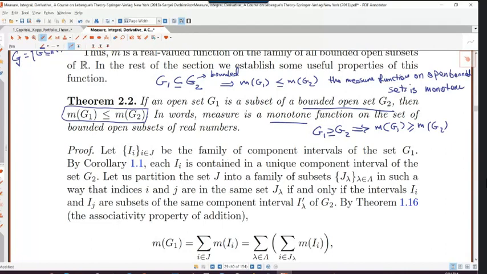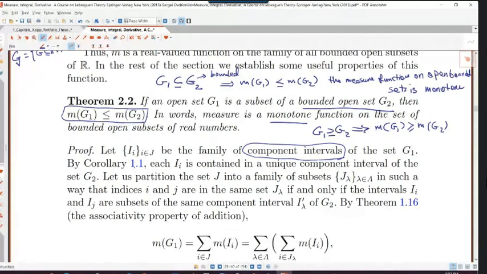For the proof, let I be the family of component intervals. This is our important instrument in proving many of the theorems, component intervals. It is a property for open sets. Every open set, I repeat it frequently, is the union of open disjoint intervals, called component intervals of the open set.